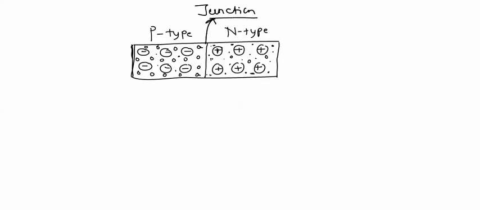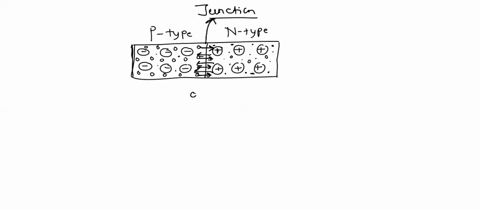The holes from P-type will cross the junction and move towards N-type, and the electrons from higher concentration in N-type will cross the junction and move to lower concentration in P-type.